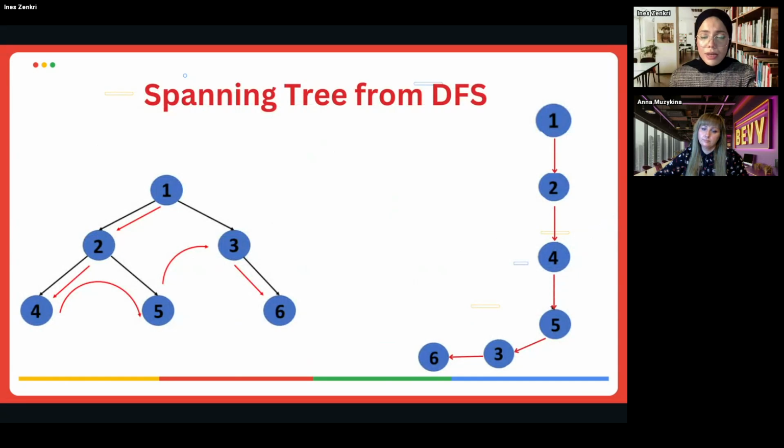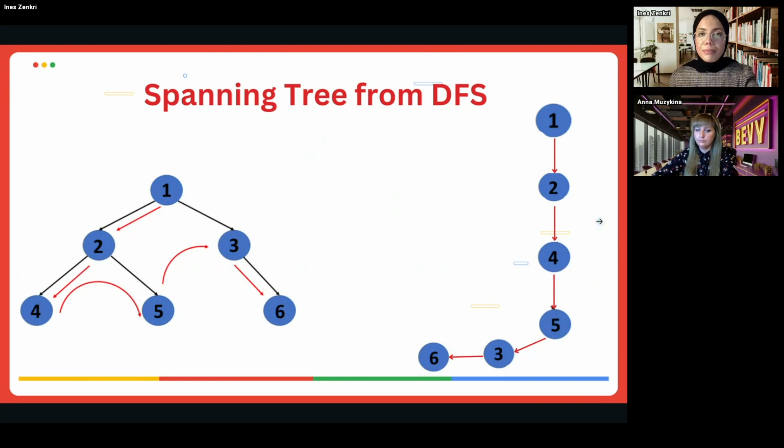And the spanning tree will also look different because we are exploring the nodes by depth. So we go as deep as possible. As long as there are connections between the nodes, we just keep taking them. And this is how the spanning tree would look, and it looks very different from the BFS.